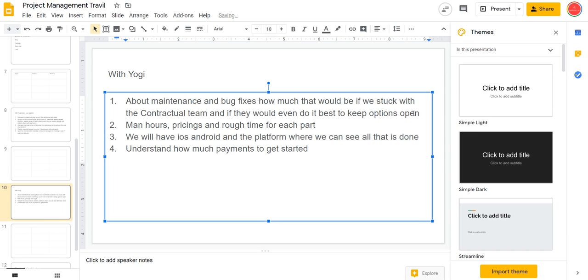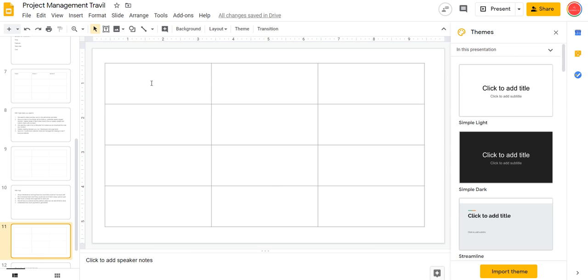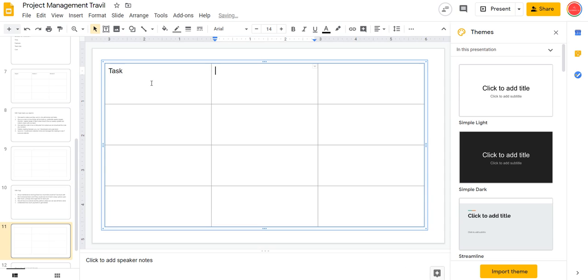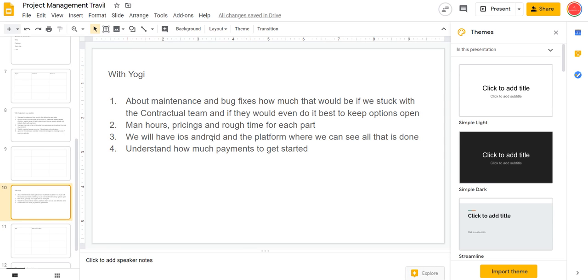So we need to distribute that. Something like task, man hours or week. We need to have a distribution of that.